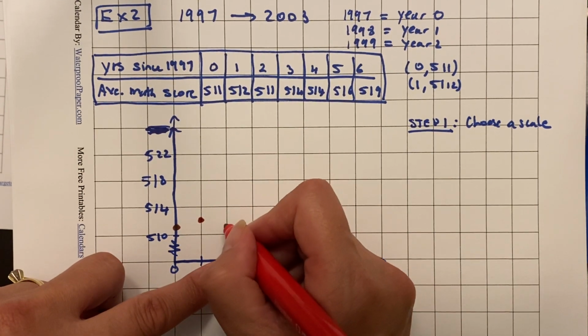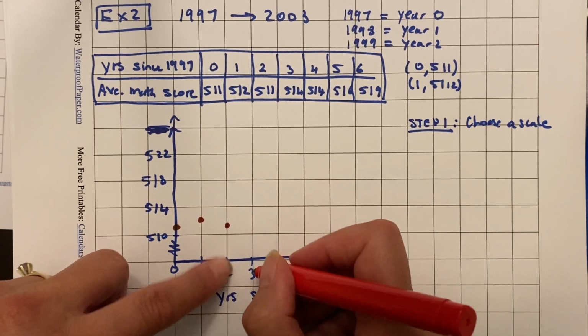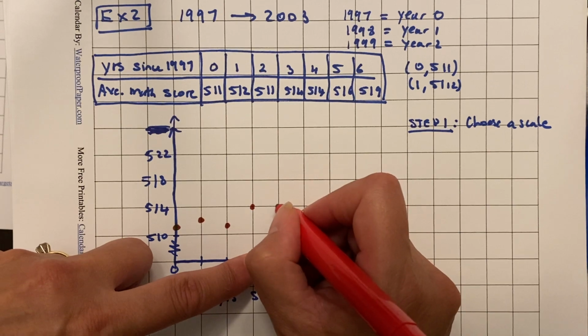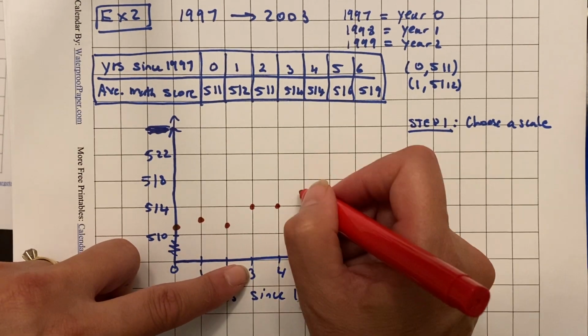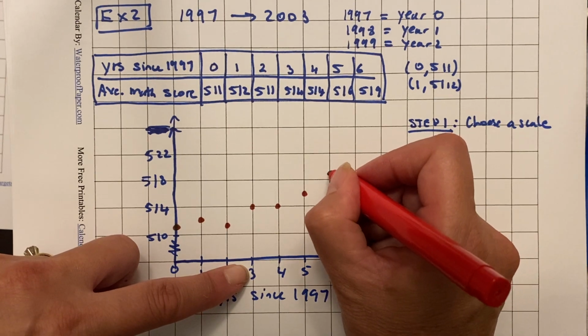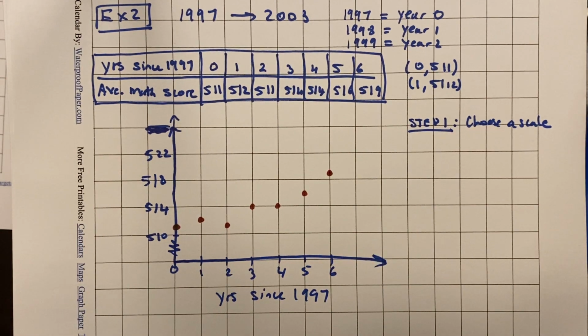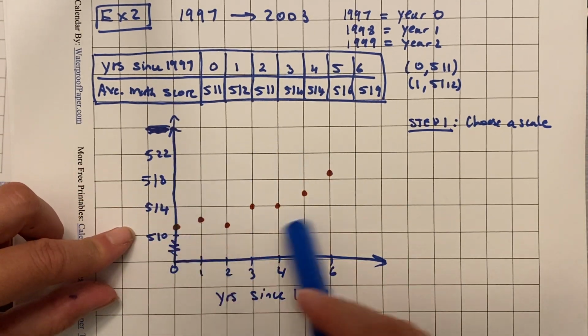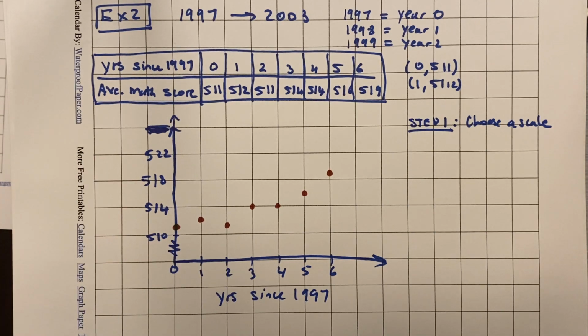Year 2, whoops, goes back to 511. Year 3, 514, I'm right here. Year 4, also 514. Year 5, 516, right here. And year 6, 519, so right here. And I can show that relationship on this graph because I did this scale very carefully so it actually shows the differences.